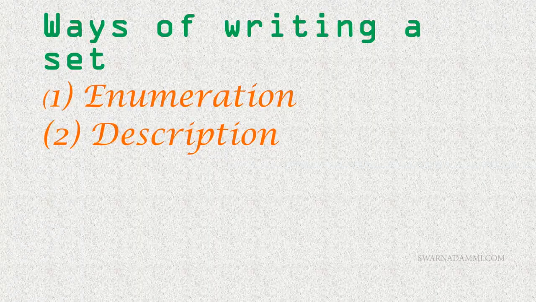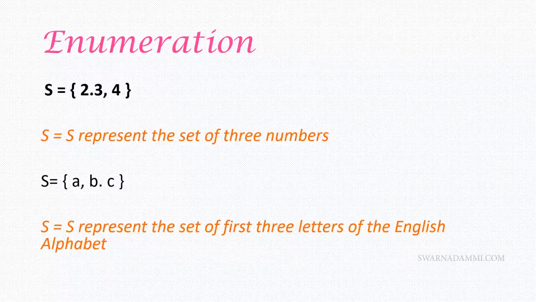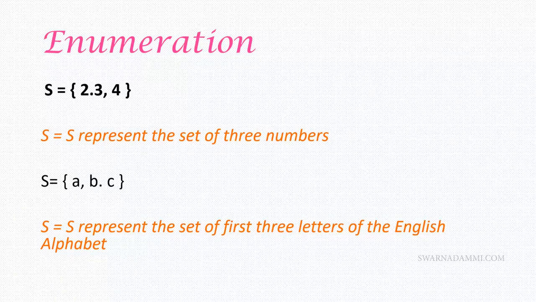Now we'll see what are the ways of writing a set. One is enumeration, the other one is description. And also we can use Venn diagrams to describe a set. There are some examples for enumeration. S is a set.